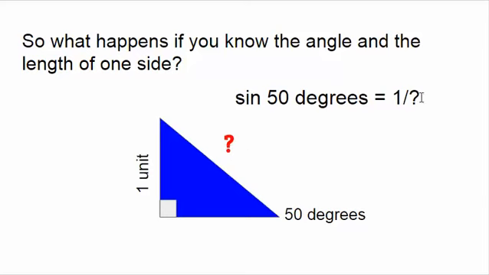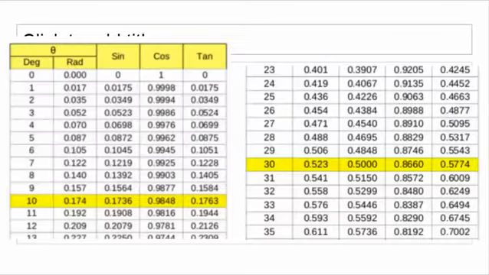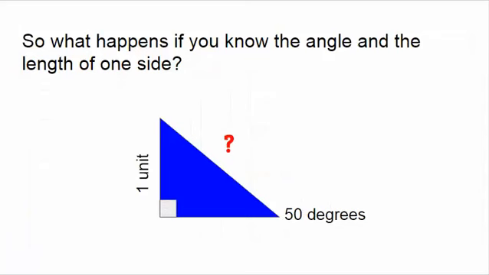Now, this just becomes simple algebra. So we looked up on the chart the sine of 50 degrees. Let's go back to this, see if we can find that. All right, so the sine of 50 degrees is the length, 1 unit, divided by some other length, and we don't know what that is. I looked on the chart, and the sine of 50 degrees happens to be 0.7660, correct to 4 decimal places.